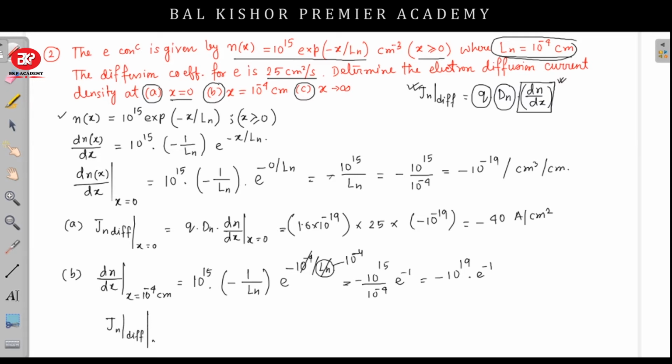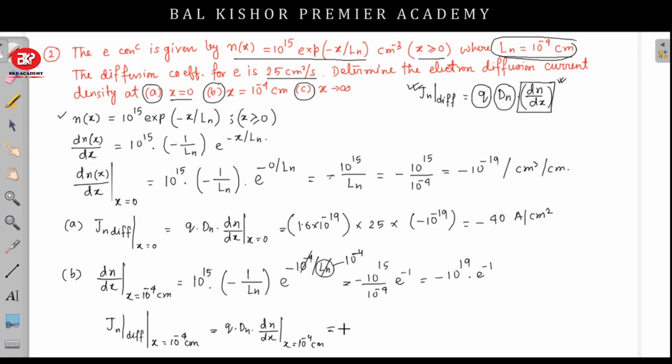diffusion at x equals to 10 to the power minus 4 centimeter. So for that case, it will be 1.6 q, that is q into dn by dx at x equals to 10 to the power minus 4 centimeter.